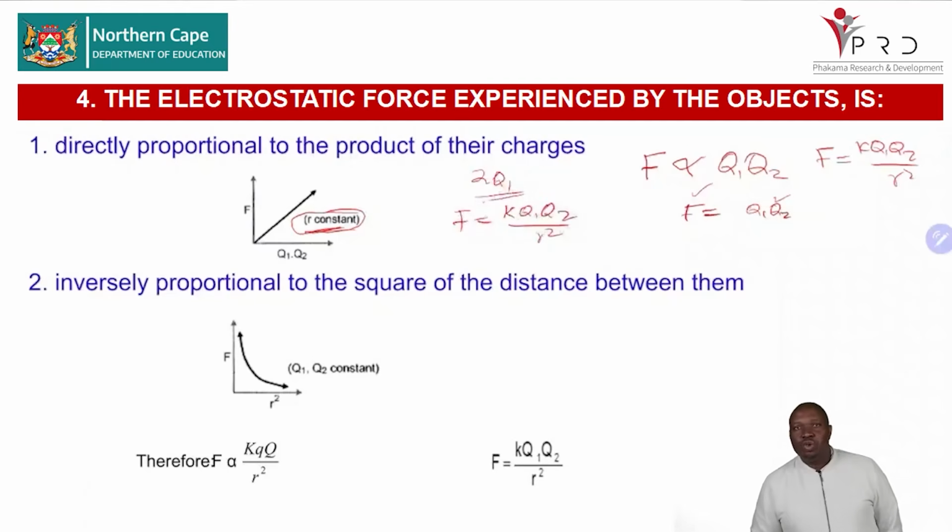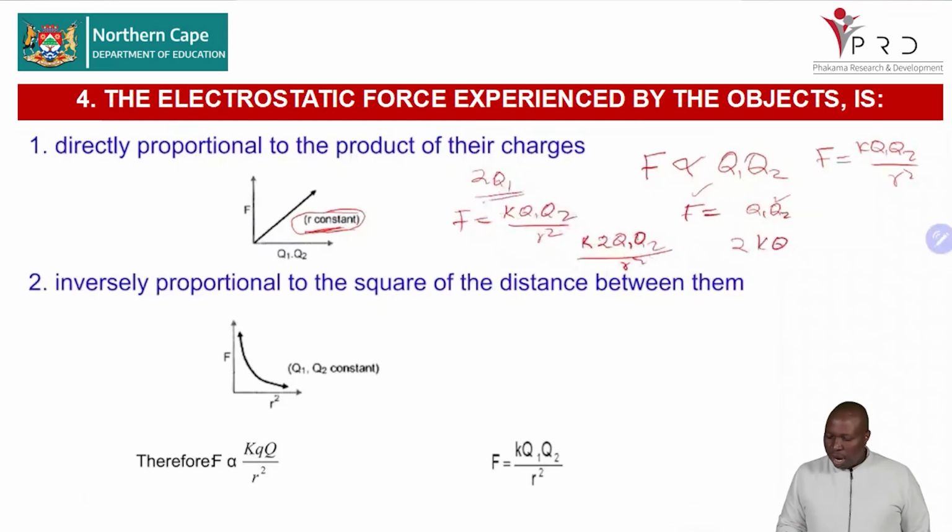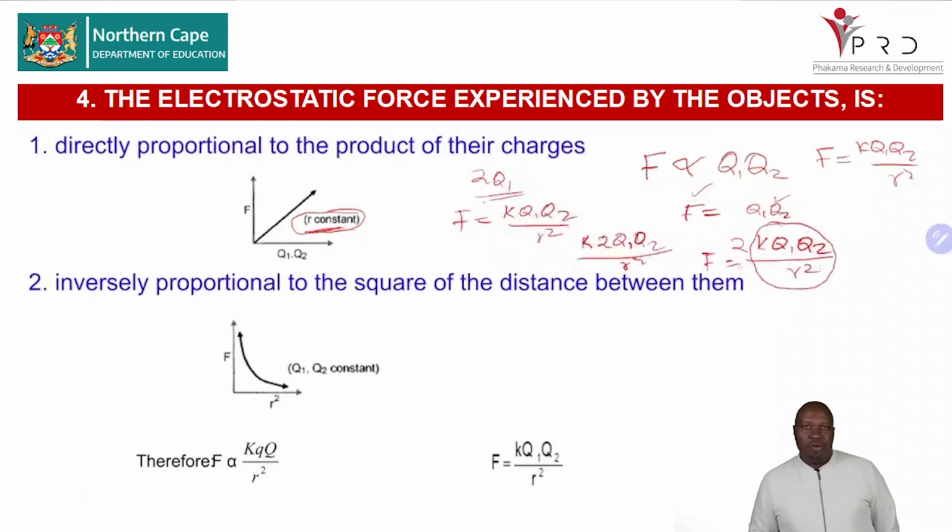You substitute the 2 there in the formula, you will get K 2Q1 Q2 over R squared. So you can see you have a 2 there, you can take it out, and then you are getting 2 KQ1 Q2 over R squared. So you can see that the force will be doubled, because you know that this is equivalent to the force. So you're able to see that if we double one charge, we'll double the force.